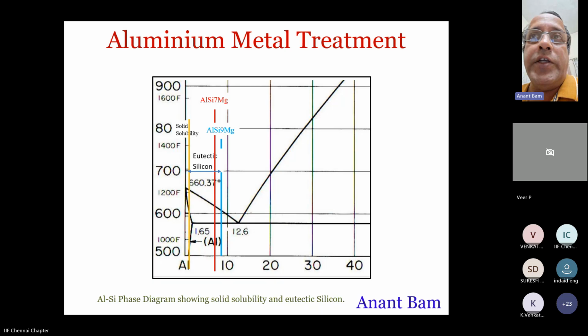That is the eutectic silicon or the free silicon. The appearance or nomenclature of this particular silicon plays an important role in mechanical properties as well as some defects in aluminum casting. Next slide, please.